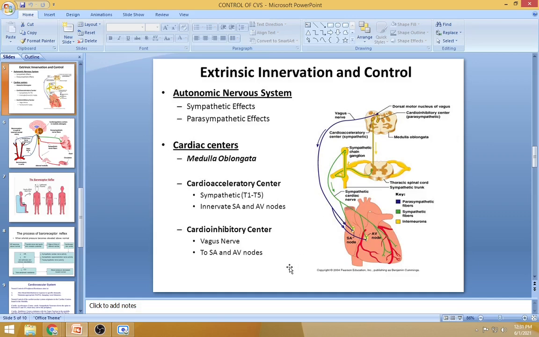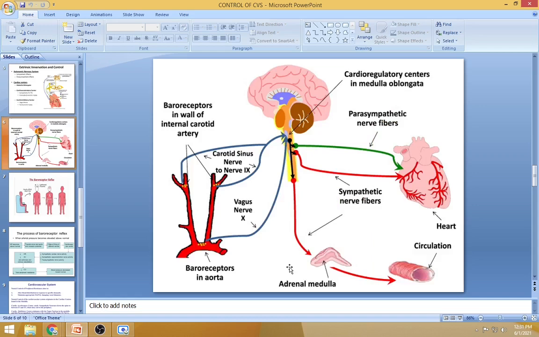Okay, clear? So what we have seen so far is that the heart is being controlled. First of all, there is an intrinsic control, and two is the extrinsic control, which is present in the medulla oblongata, giving rise to sympathetic and parasympathetic innervation of the heart. Now besides this neural control, the central control, we have the peripheral control as well.